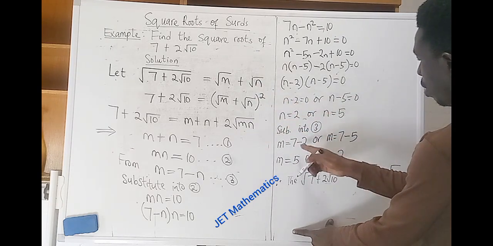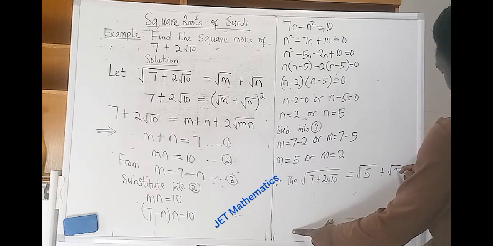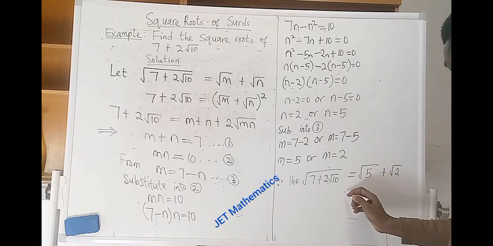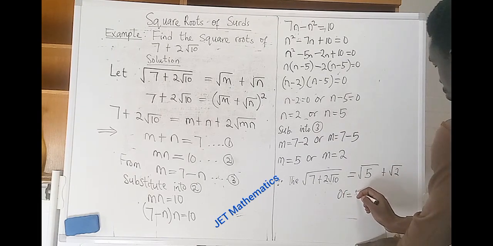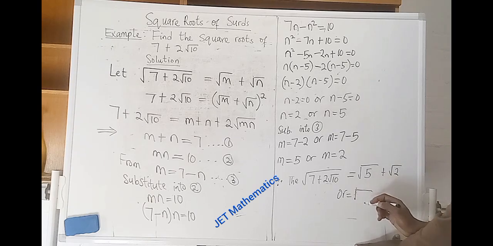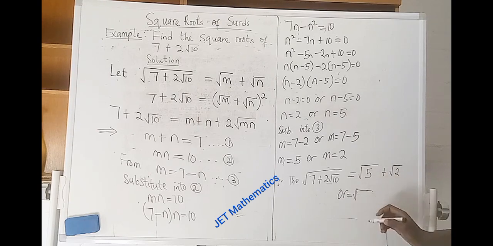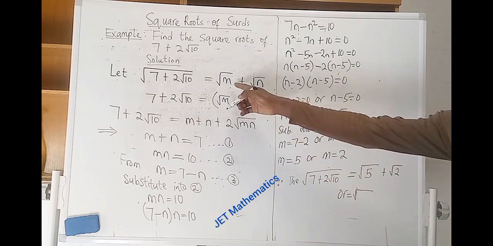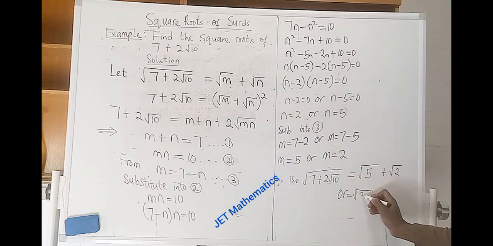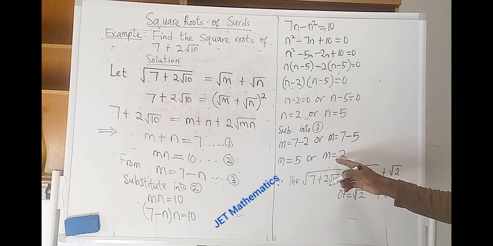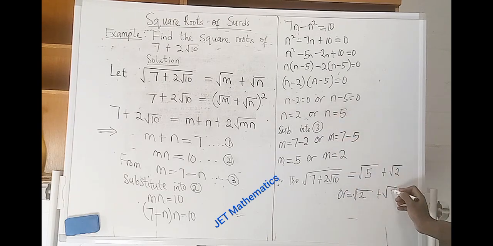When m is 5, n was 2, you put it there, or is equal to, when m is 2, then n was 5. So these are the results.